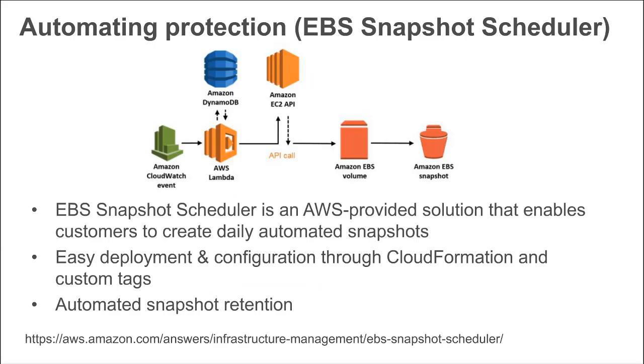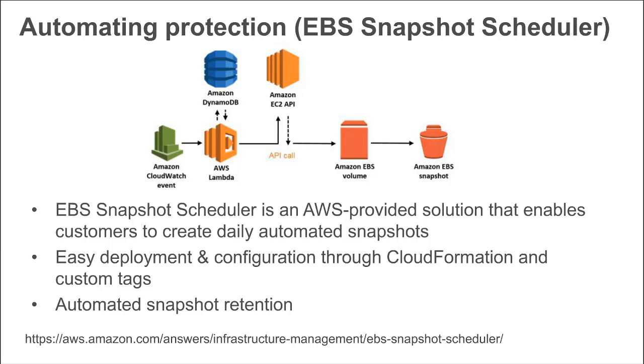The next solution I want to talk about is called the EBS Snapshot Scheduler. It is a solution that also automates the creation and, optionally, deletion of EBS snapshots. It leverages EC2 resource tags, Lambda and DynamoDB, and it is really based on a CloudFormation template. It is very cost effective.